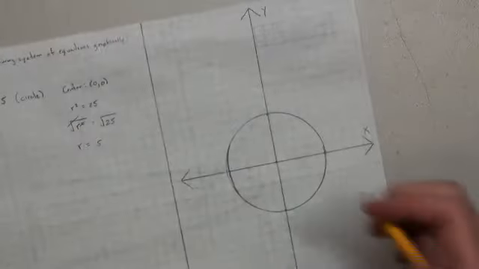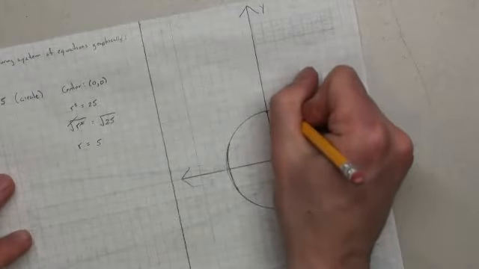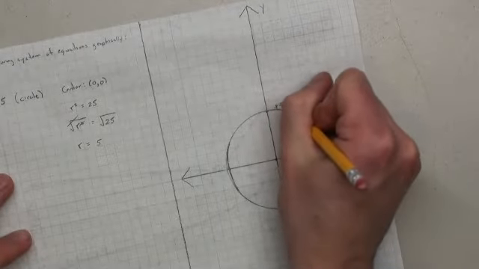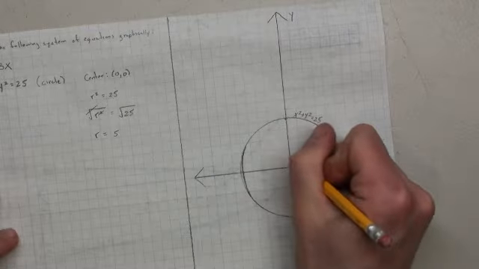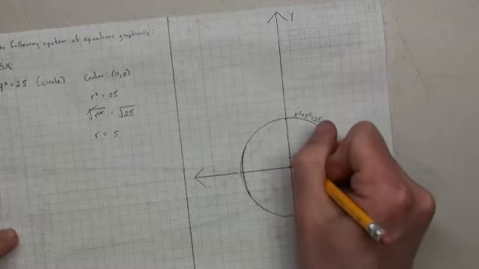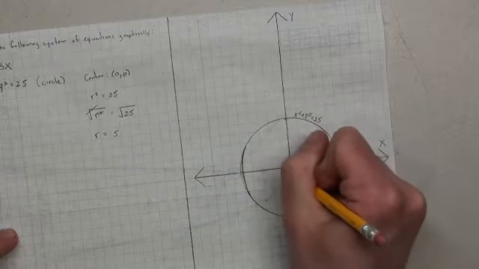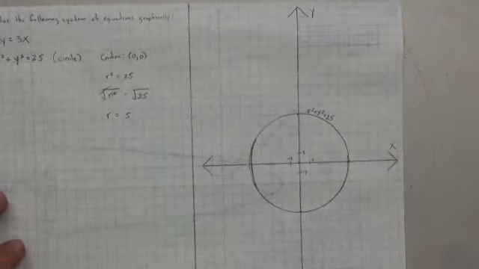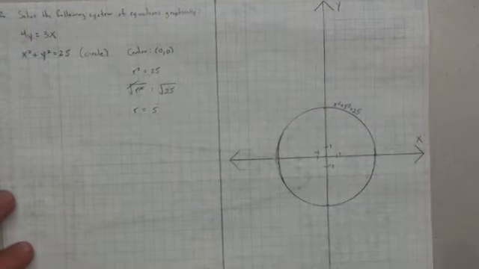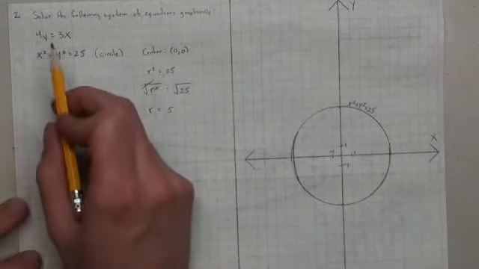So this is x squared plus y squared equals 25. Okay? Oh, by the way, let's put our 1, 1, negative 1, negative 1. Okay? So, now we have to work with our line, right?